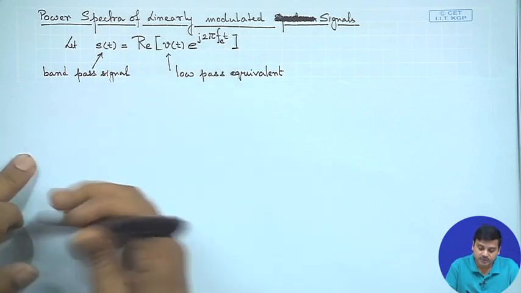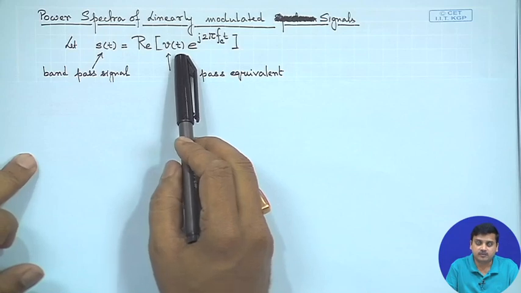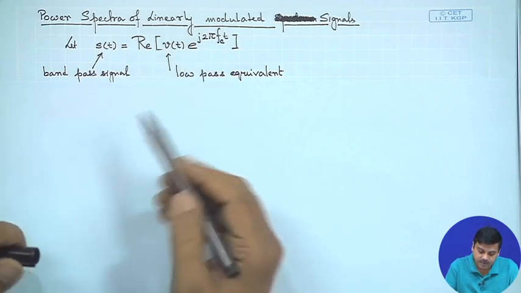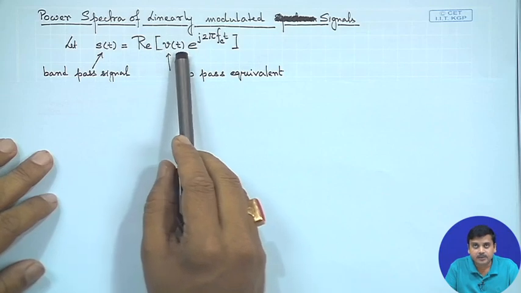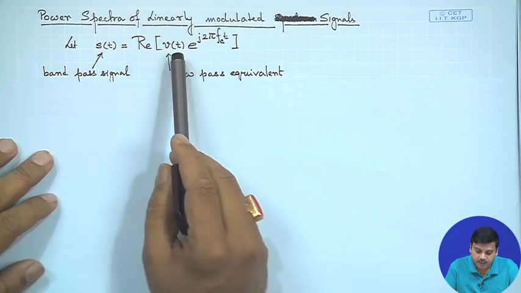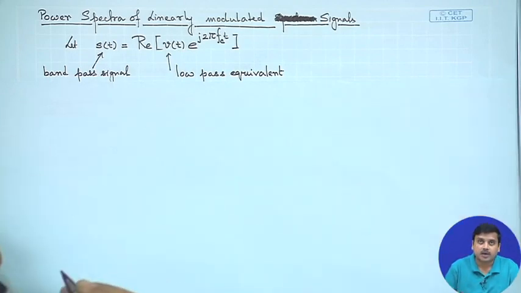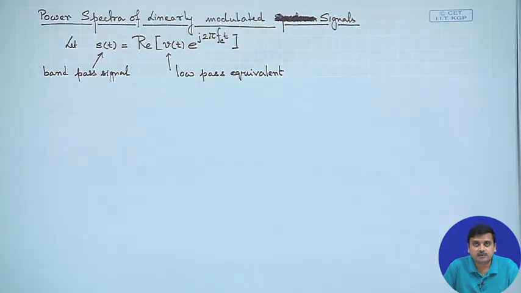The closest expression which you would have was we used v(t) to represent the low pass equivalent for M-ary FSK in a few lectures back, and just to match with whatever we have learned before, v(t) was A_m times g(t) for pulse amplitude modulation, and in case of PSK you had v(t) to be equal to e to the power of j theta m, where theta m was pi multiplied by (m minus 1) divided by capital M, and for pulse amplitude we had (2m minus 1 minus M) the whole thing multiplied by d, times g(t) of course. So, that was v(t) in these two cases.